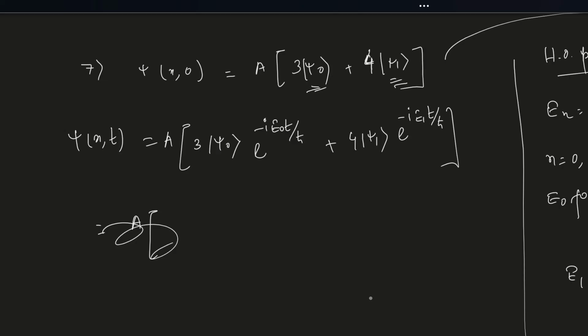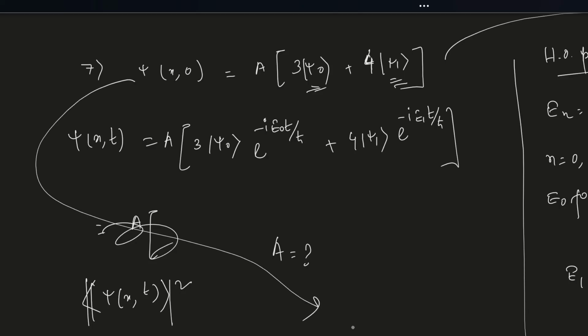Now it is mentioned that you have to calculate psi xt whole mod square. And so for that, first of all you have to know what is the value of a, right, because a was unknown there. So then you have to normalize this.